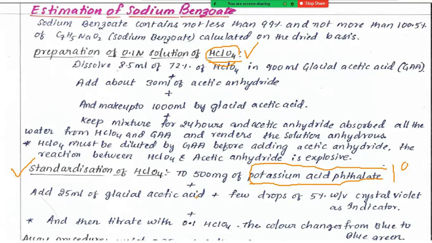Here also, in this standardization procedure, we are using glacial acetic acid, which is a non-aqueous solvent. And we are also using crystal violet indicator to get the color change.